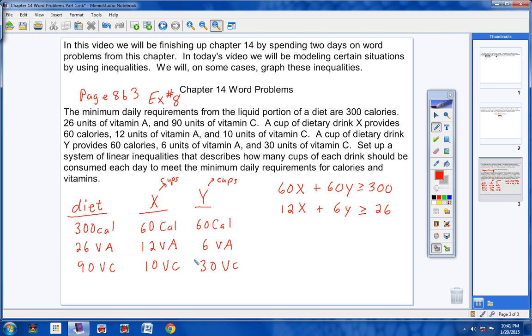It's not too difficult. Now, vitamin C. Drink X, every cup has 10 units. Plus, every cup of your Y drink has 30. So, if we add up all of these units of vitamin C, it should be greater than or equal to 90.